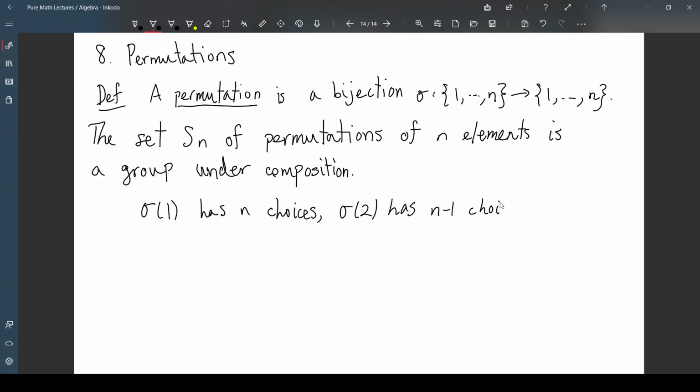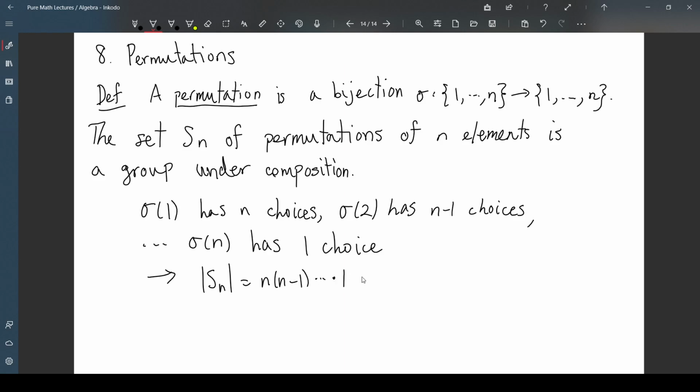Because we've already chosen, sigma 2 can't be sigma 1, so that's where this minus 1 is coming from, and so on, and then you get sigma of n. Once you've chosen everything else, sigma of n is fixed. There's only one possibility. So therefore, the order of S sub n is n times n minus 1 all the way down to 1, which is the factorial of n.